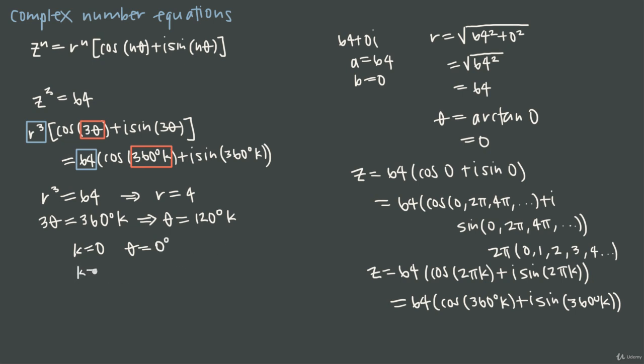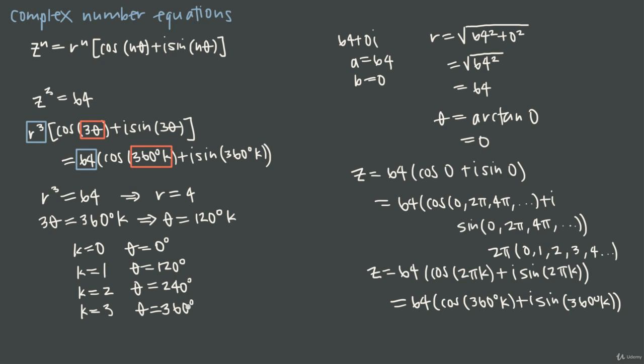If we get k equals 1, we'll say 1 times 120 degrees, or 120 degrees. At k equals 2, we'll get theta equals 240 degrees. And at k equals 3, we'll get theta equals 360 degrees.